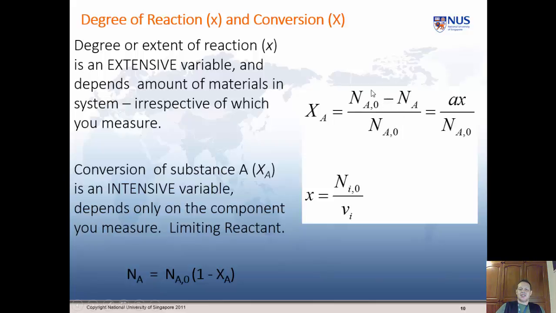Therefore, it is an intensive variable. Of course, that will equal the extent of reaction divided by n_A0. If we want the extent of reaction, the extensive variable, we need to divide our quantities by the stoichiometric coefficient for that species.